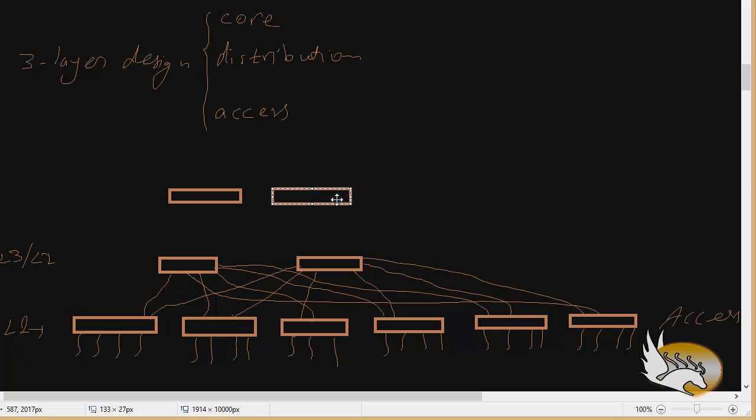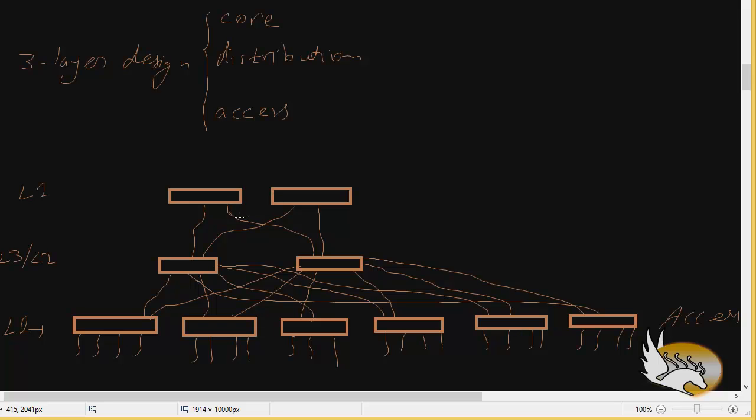The core layer consists of 2 or more switches that are so fast. And they are layer 2 as well. They are not going to be layer 3. They are layer 2. But some network admins prefer to put layer 3 switches here. That's okay, but mostly it is recommended that you put layer 2 switches here.